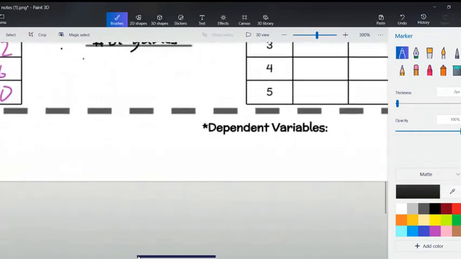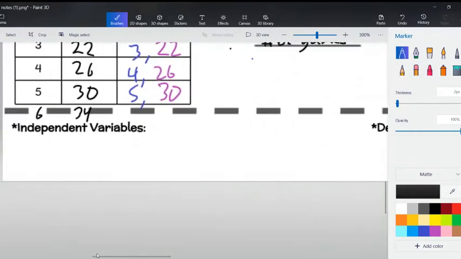Okay, so if you scroll all the way down to the bottom, independent and dependent variables. Our independent variables, these are going to be our x values, so our inputs. Independent variables are values not influenced by another variable.